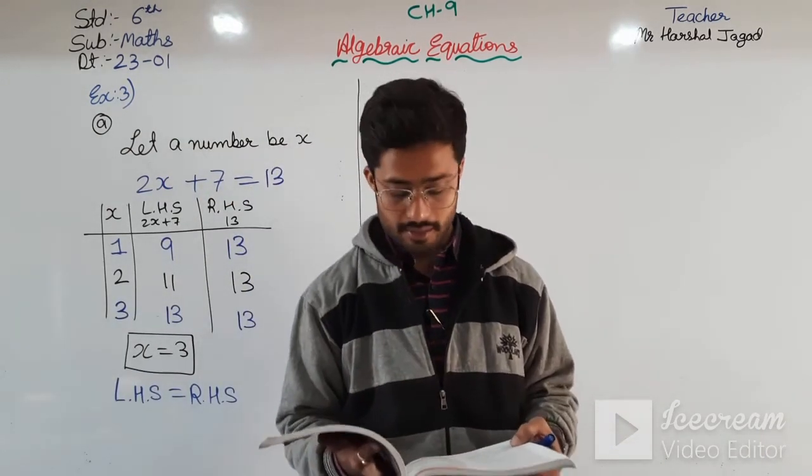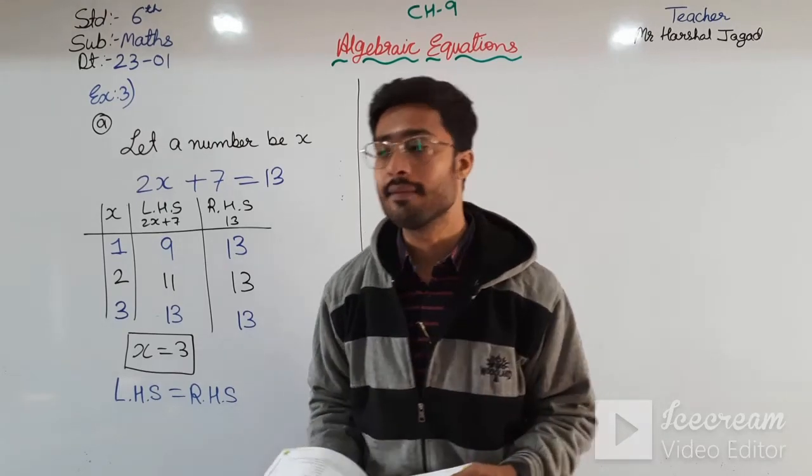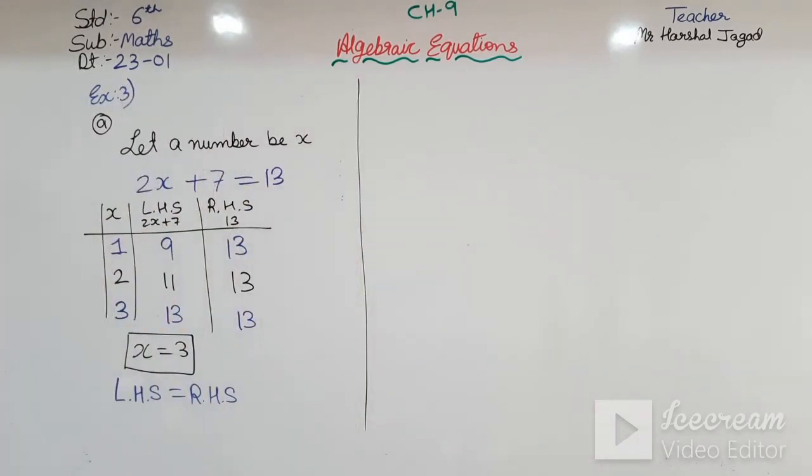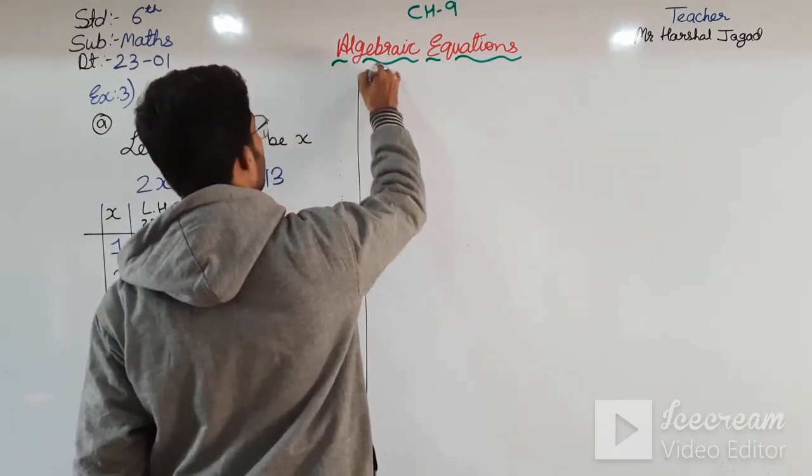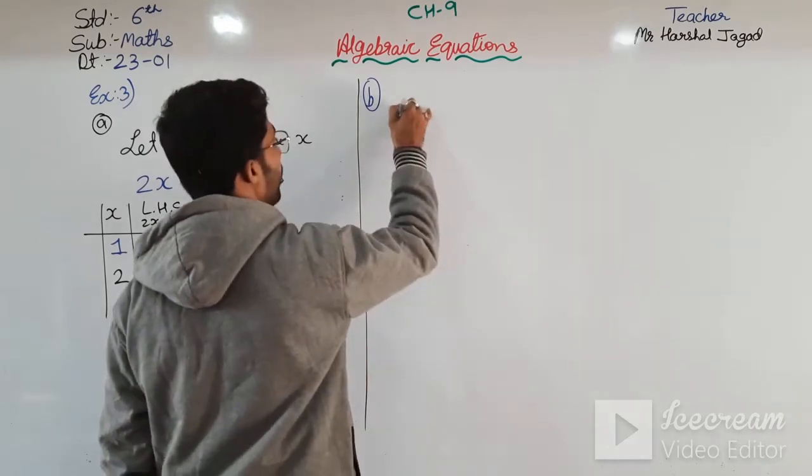Find that number. 7 times a number means first of all we have to take 7 times a number.